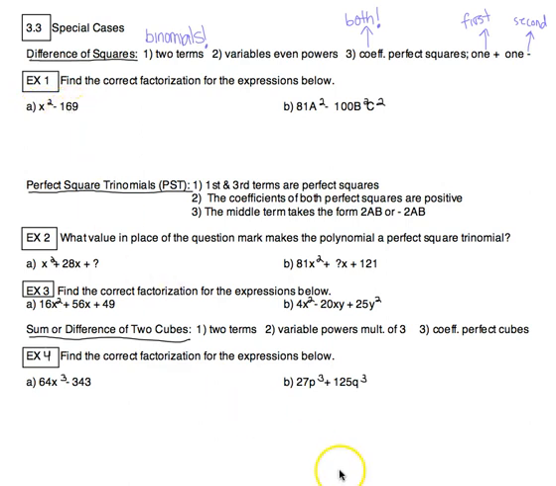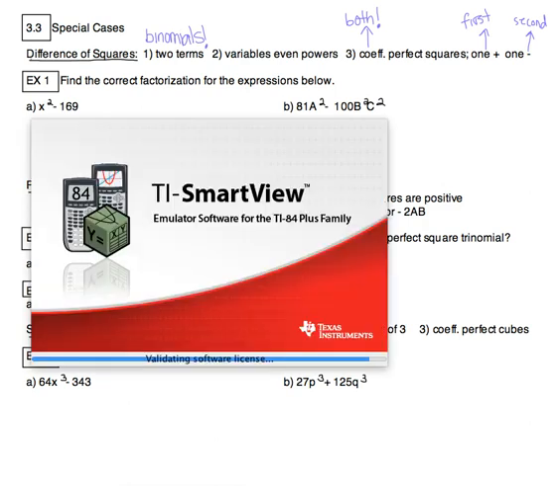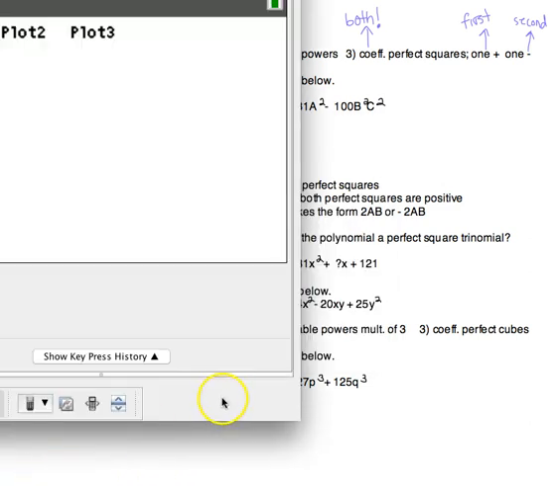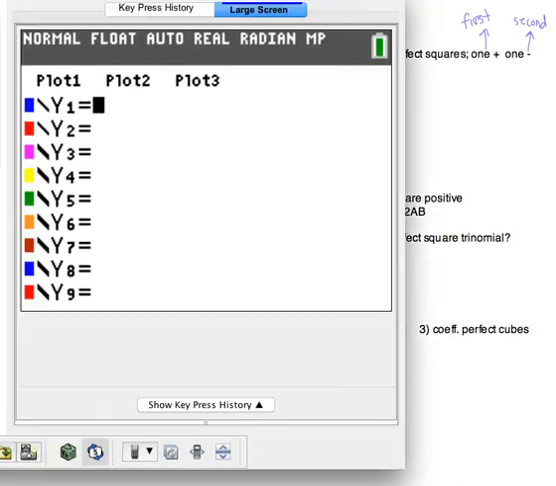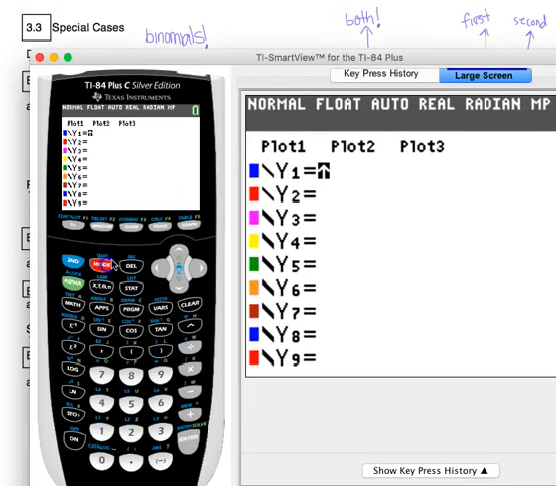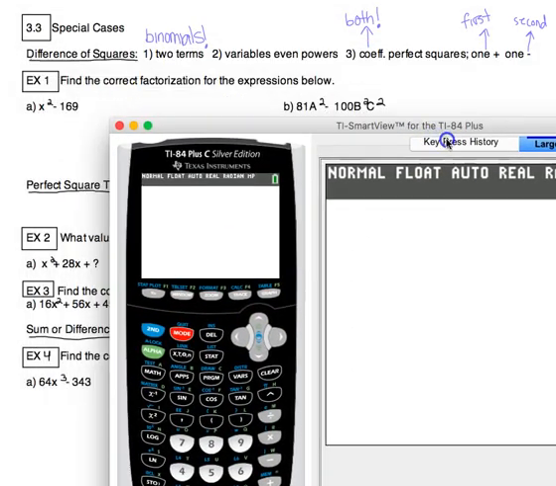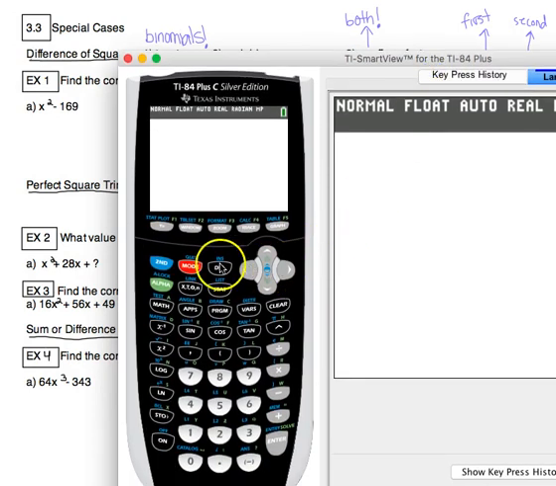And then 169. Now, if you don't know if something is a perfect square or not, then what you need to do is check it on the calculator. If you just know, then that's great. And you're going to start hopefully recognizing some of these because you're going to see the same perfect square numbers over and over and over again. But if you're not sure, you can check it.